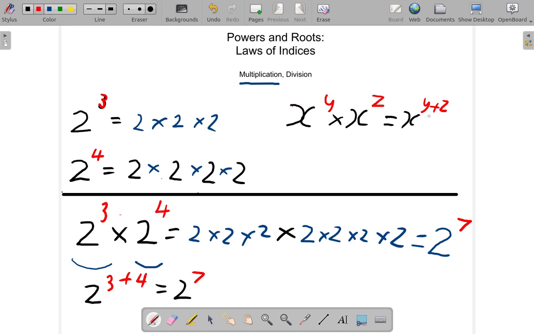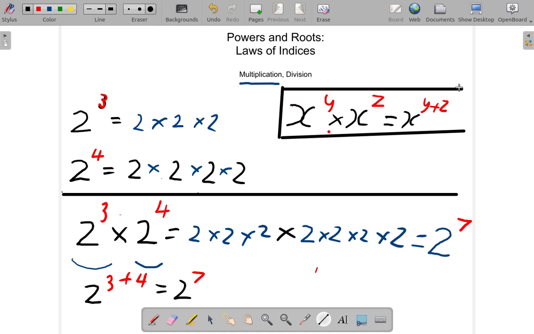Or you could try a plus b, same thing. So basically, everything comes together to give us this formula here. x to the y times x to the z equals x to the y plus z. As long as it's the same number raised to a power multiplied by that same number to a different power, it is the same as the number to the, and you add the powers.